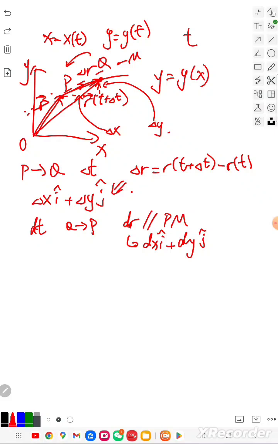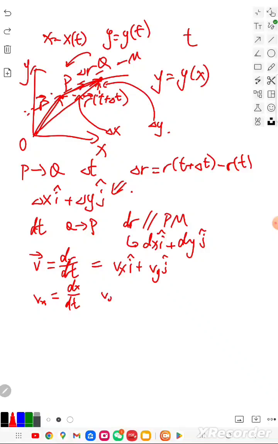The instantaneous velocity of the particle at time t, which we can just call the velocity, is defined as dr/dt. This v is tangential to the curve at point P, exactly at time t. So v can be decomposed into vx i-hat plus vy j-hat, where vx is defined as dx/dt and vy equals dy/dt.